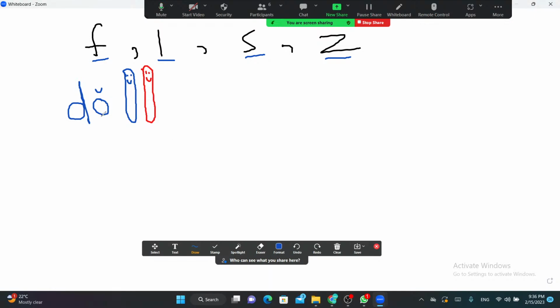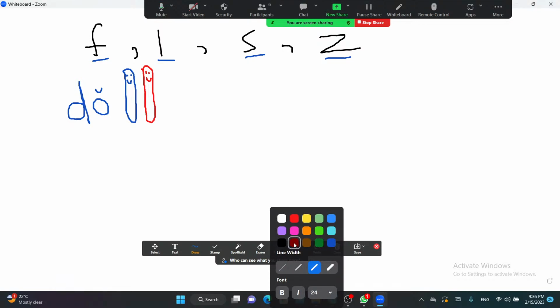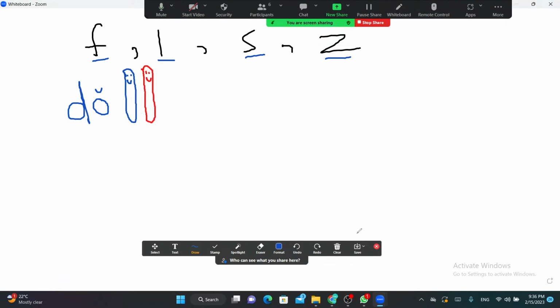Similarly, you can just make a list of these words. One day, go with them. Then you can go for the F words. For example, the word is k, e, double f. You can make some posters, or you can just draw this on a board or a screen.